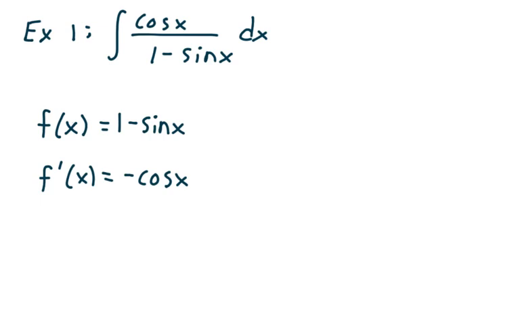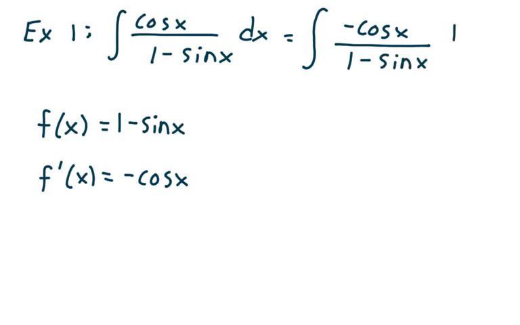Now, what's missing in the numerator is the negative sign. So I'm going to put that in. So I'm going to write this as negative cosine x divided by 1 minus sine of x dx.